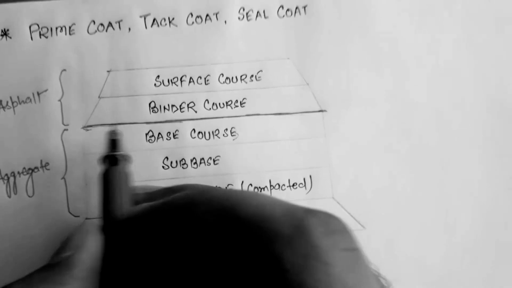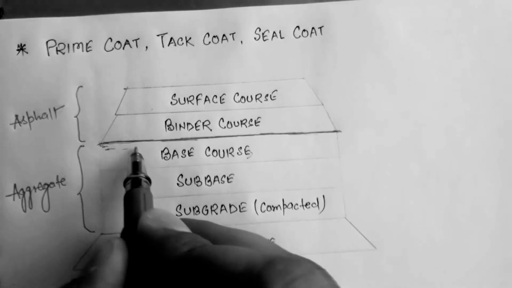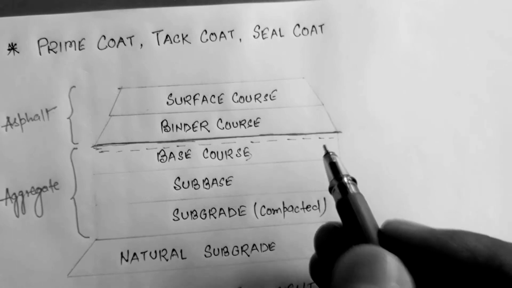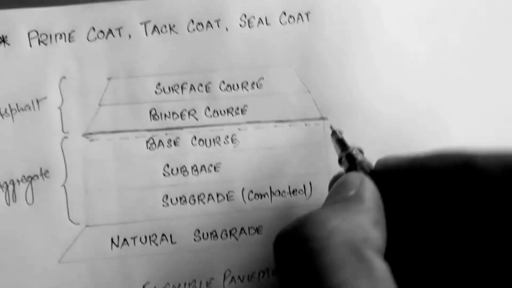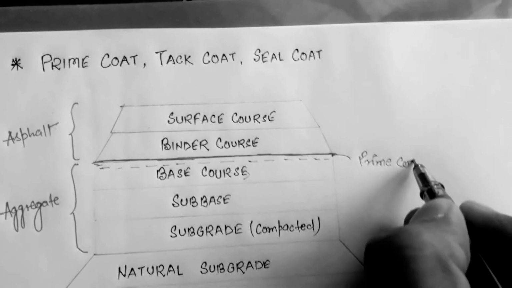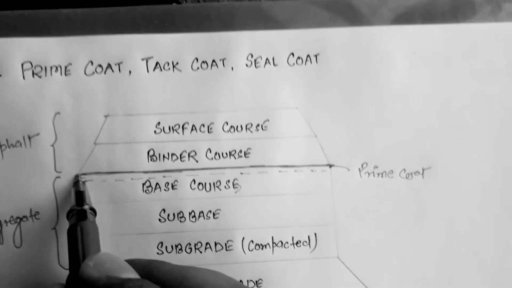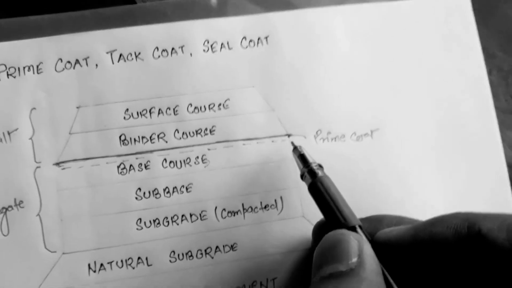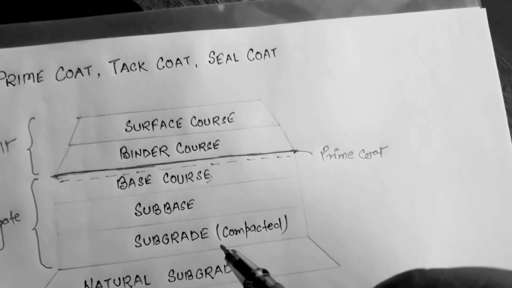Okay, what is the purpose of providing the prime coating layer? To fill up the gaps of your base course. Various gaps are available in your base course, and to fill up the voids of your base course we will provide a prime coat layer. Prime coat layer is also provided to create an adhesive property between base course and binder course.